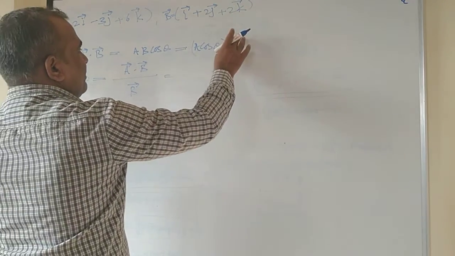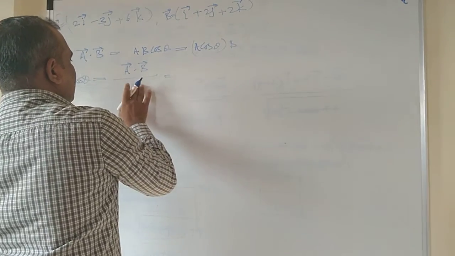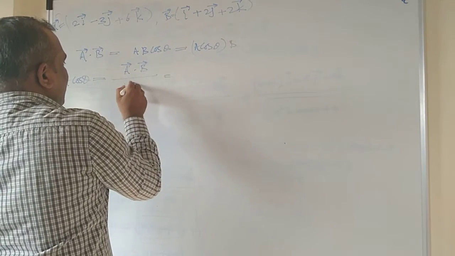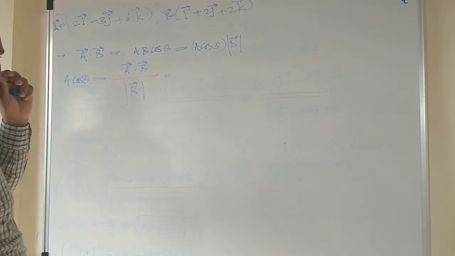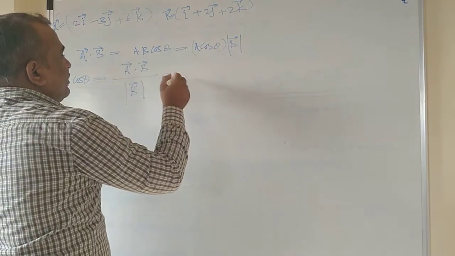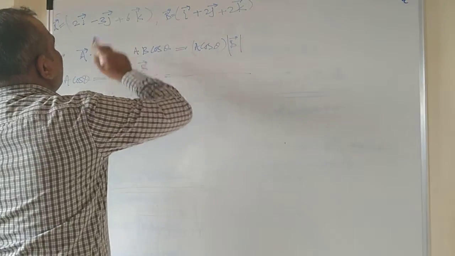So let me say mod of b bar. A bar dot b bar is equal to how much?